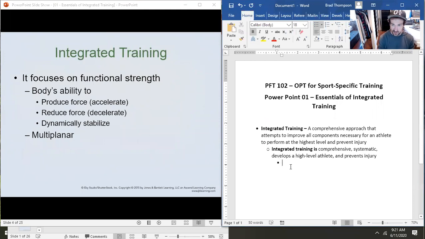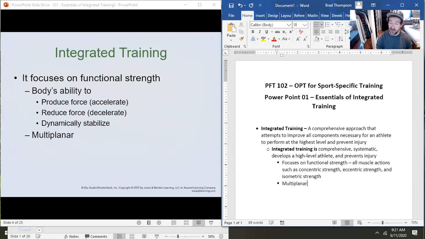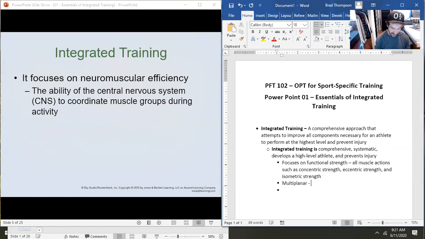It focuses on functional strength, all muscle actions, such as concentric strength, eccentric strength, and isometric strength. And it is also multi-planar in nature, focusing on the sagittal, frontal, and transverse planes.